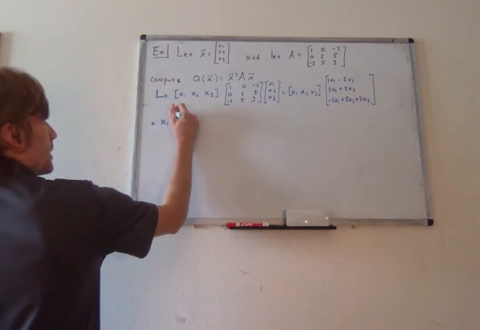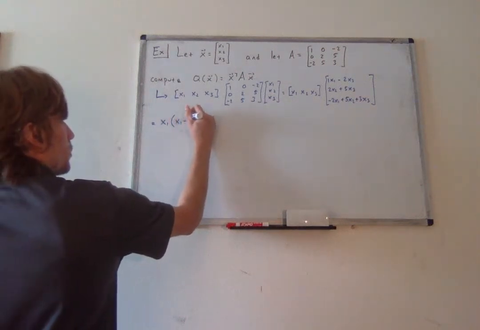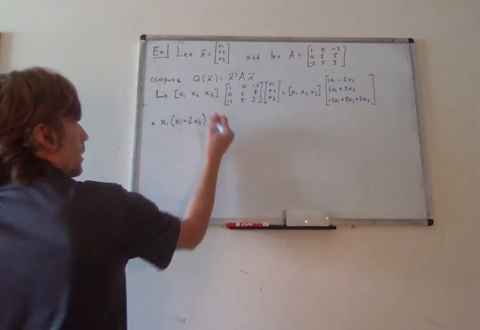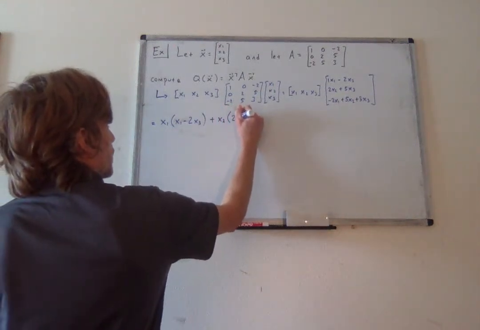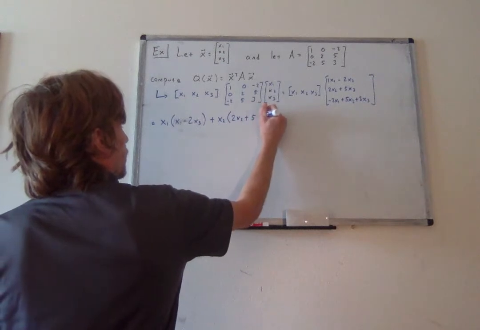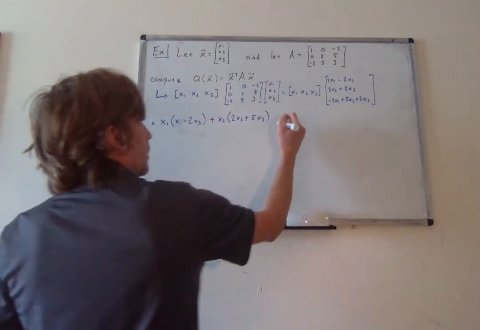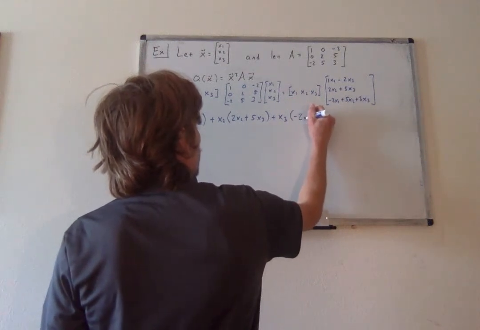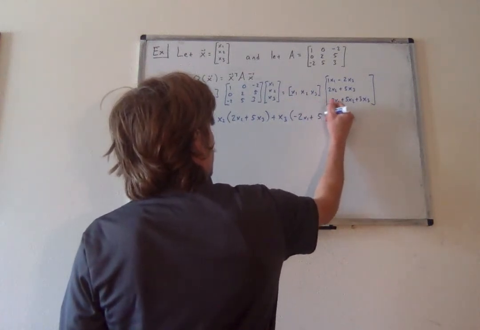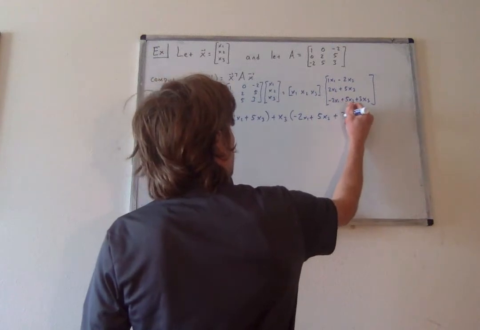And so multiplying this out, I get x1 times (x1 minus 2 x3) plus x2 times (2x2 plus 5x3) plus x3 times (-2 x1 plus 5x2 plus 3x3).